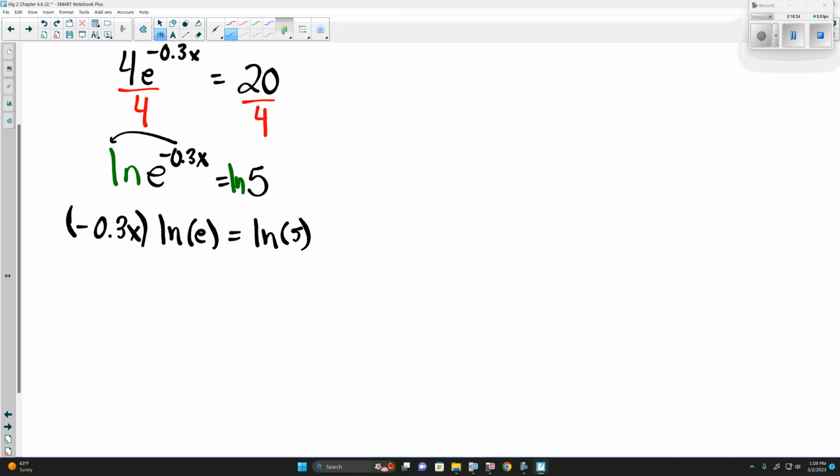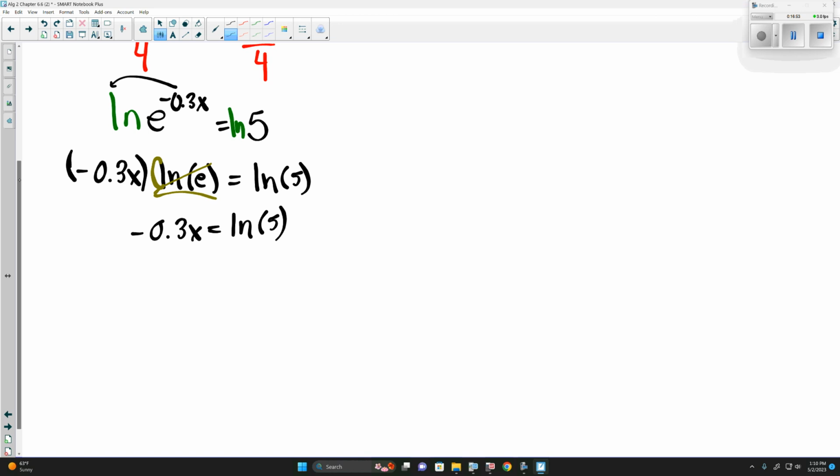But the natural log of e is what? 1. ln of e is 1. So it simplifies out, just leaving us with negative 0.3x is equal to the natural log of 5.